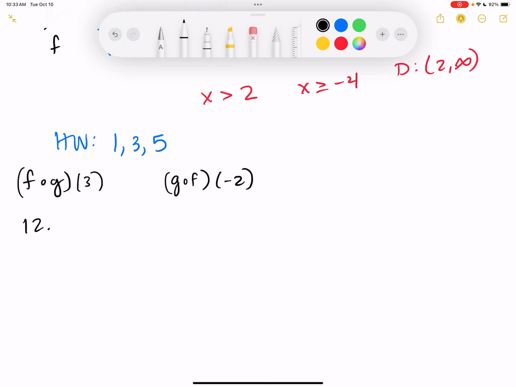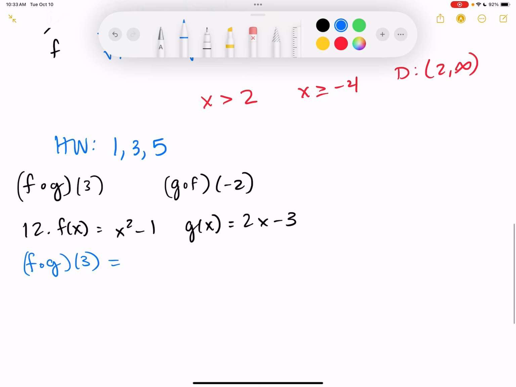So 12, we have f of x is equal to x squared minus 1, and g of x is equal to 2x minus 3. So for f of g of 3, I would go ahead and personally plug in 3 for g of x and then plug that number into f of x.